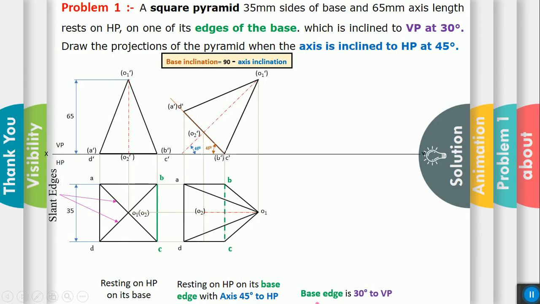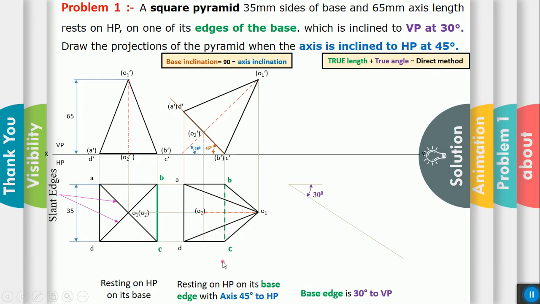In the third position, we will rotate the square pyramid in such a way that the resting base edge BC will be at an angle of 30 degree with respect to the vertical plane. Since the resting base edge BC has a true length, which is equal to the actual length of the base edge, 35, and the given angle is 30 degree, that is a true angle, we'll use a direct method.